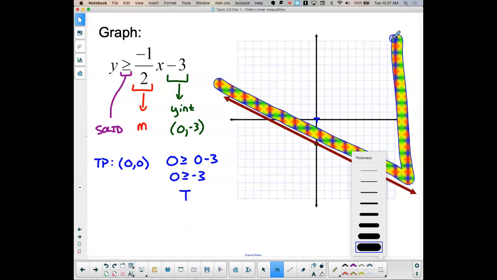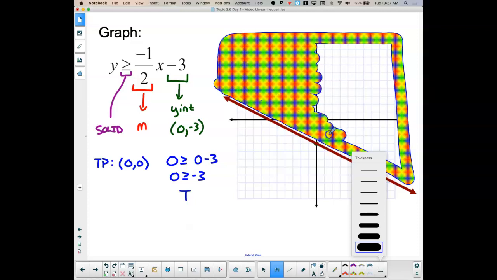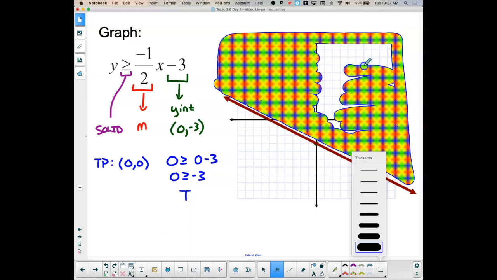So when I shade that entire side, right? Not just a little part of it. I shade the entire thing. Hopefully then I'll get rid of that thickness of my line here momentarily.